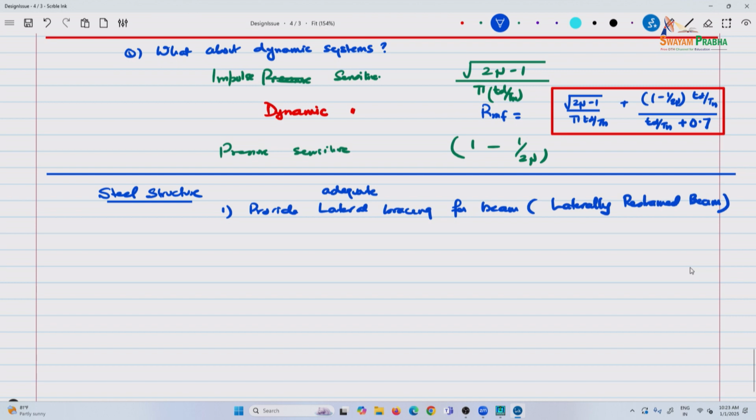And if you have a frame, say something like this, just an example, you might find it challenging to address. There are plastic hinge formations. So, let us say this is a plastic hinge formation here, then there is a plastic hinge formation here and here, and plastic hinge.